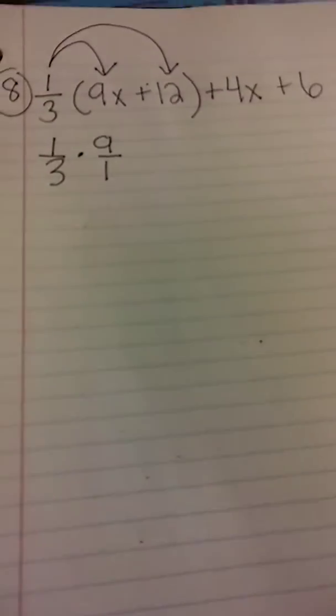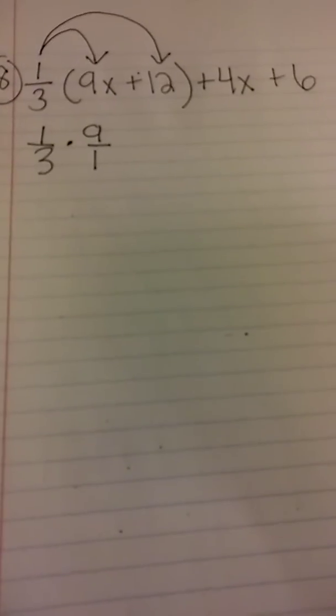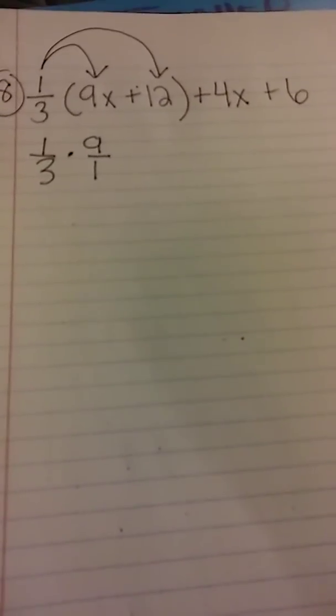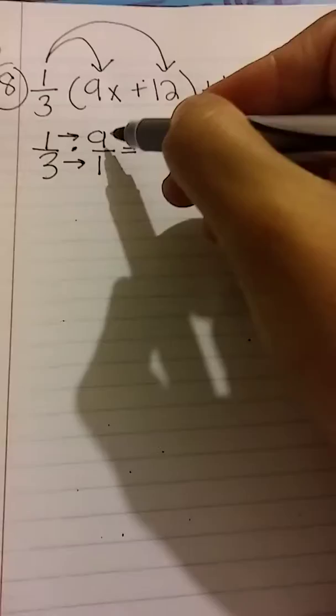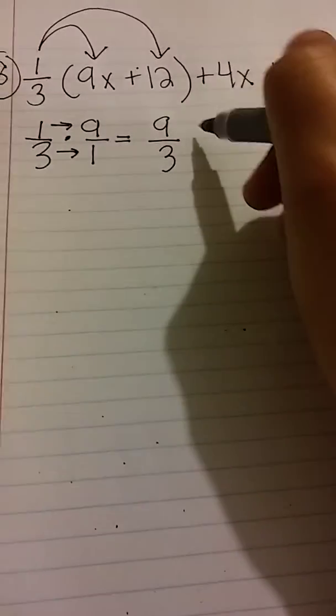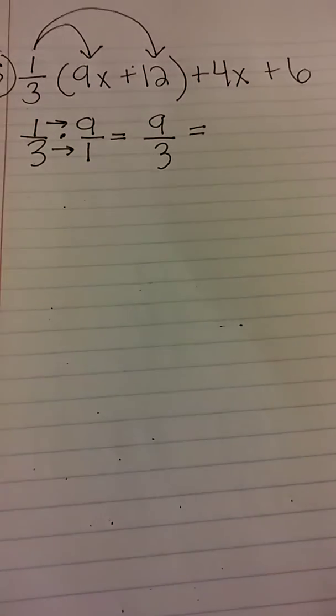Place a 1 underneath that 9, because anytime you're turning a whole number into a fraction, you place a 1 in the denominator. Remember to multiply straight across when you have fractions. So 1 times 9 gives you 9. 3 times 1 gives you 3. Always simplify, you're going to get 3.